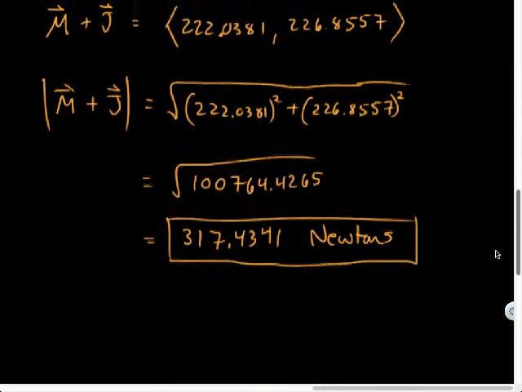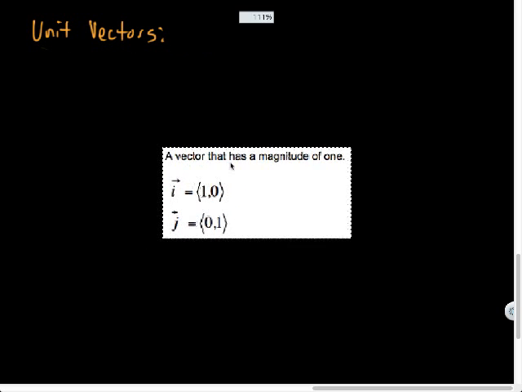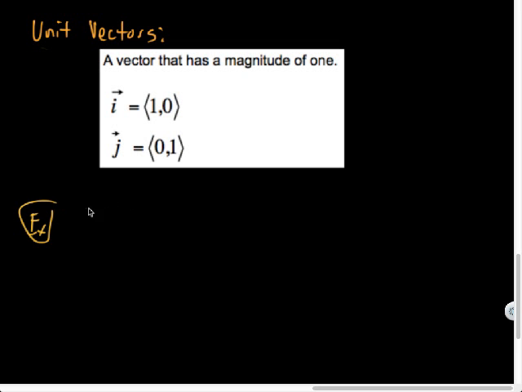But let me point out one last concept, which is called a unit vector. Unit vectors. Now, when we talked about unit circles, what did that mean? Yeah, the radius was 1, so a unit vector has a magnitude of 1. The horizontal unit vector is often referred to as i.